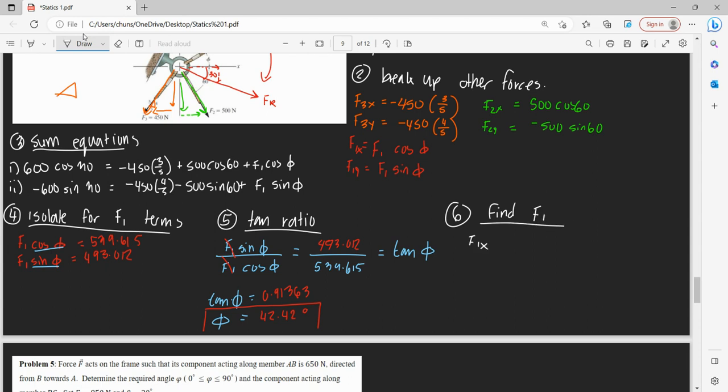So find each F1 component separately. Oh, sorry. So now use these equations here. So this is 3 and 4. You can use the ones from step 4.